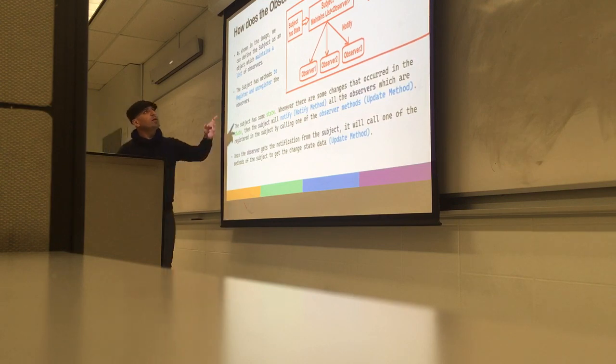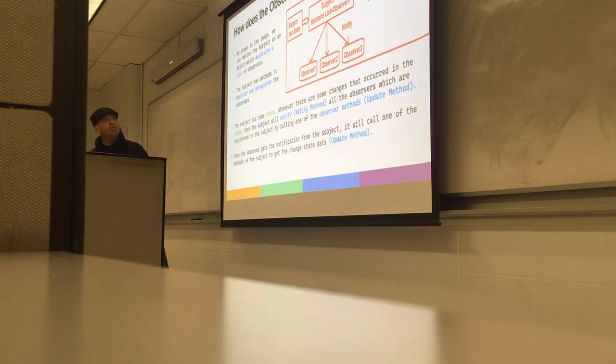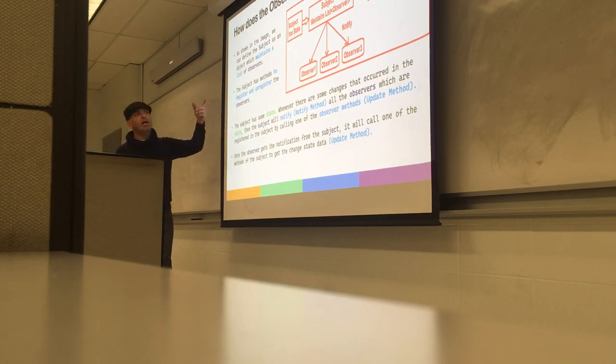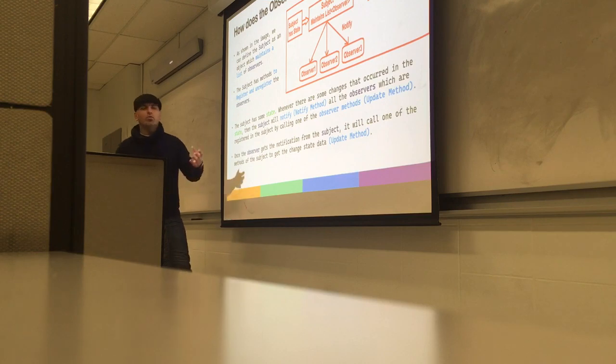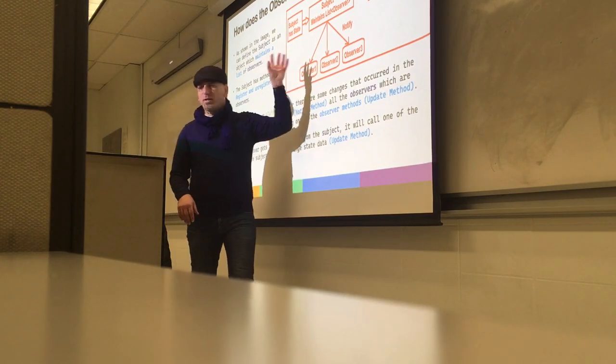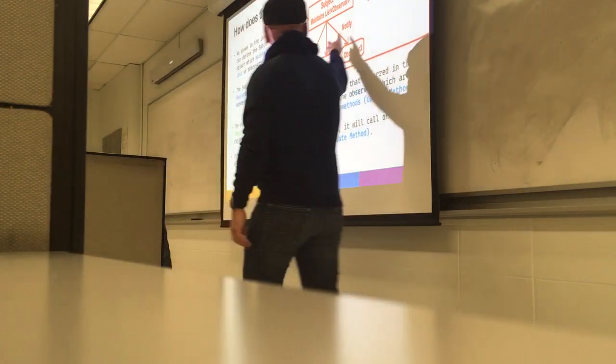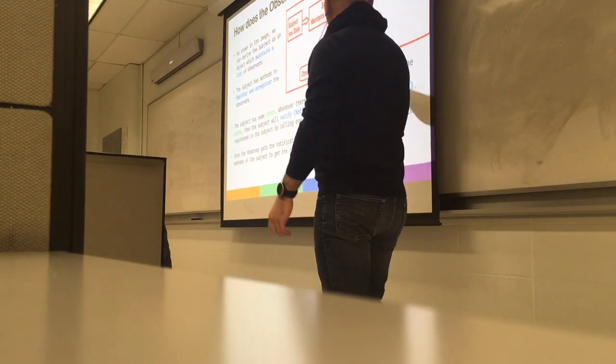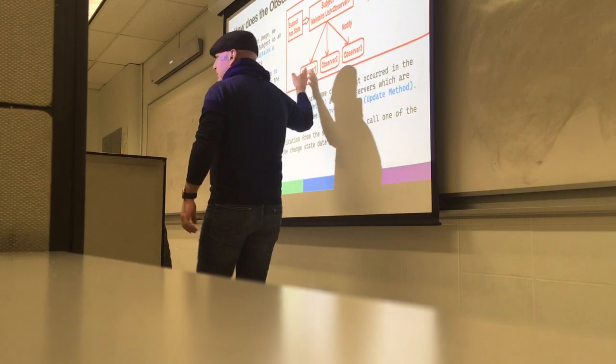As shown in the image, we can define the subject as an object which maintains a list of observers. The subject has a method to register and unregister the observers. So in the main method, we need to create an object from the publisher, and create a list of observers.